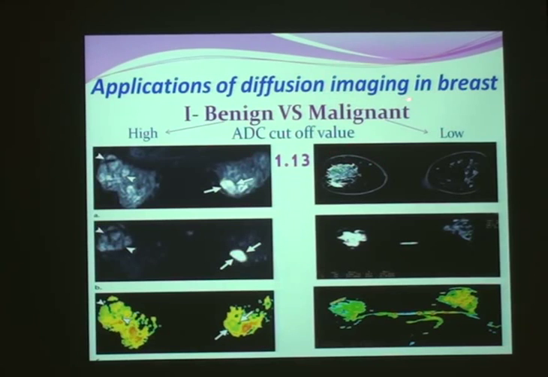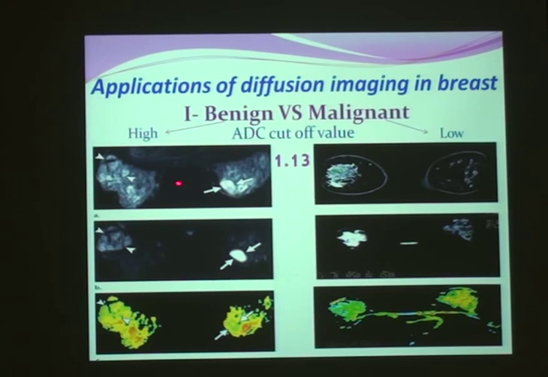So we have an ADC cut-off value. As we said before, not every lesion with restricted diffusion should be a malignant lesion. It was known that 1.13 is a reliable cut-off value, plus or minus a few changes. For example, we have these lesions with high ADC value.